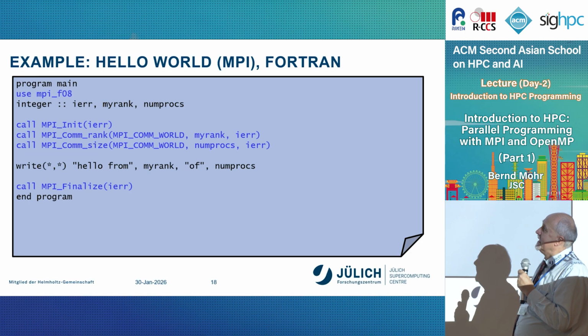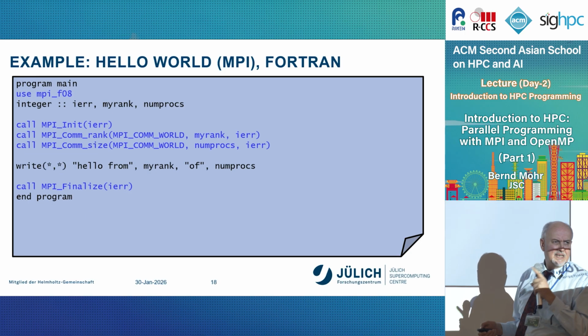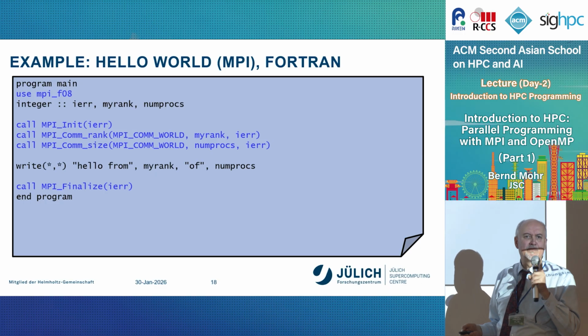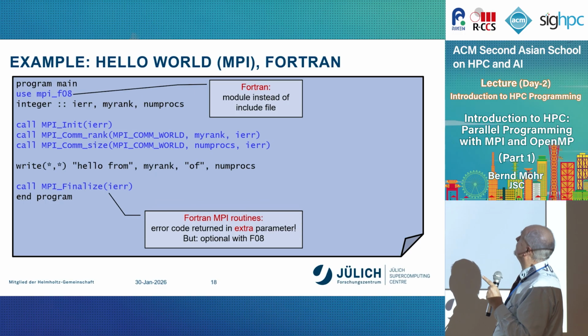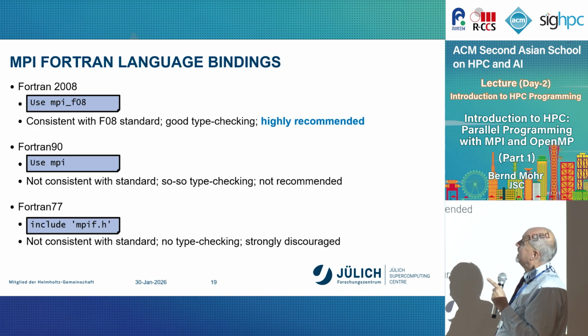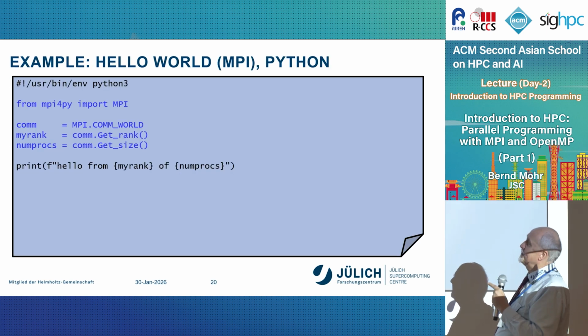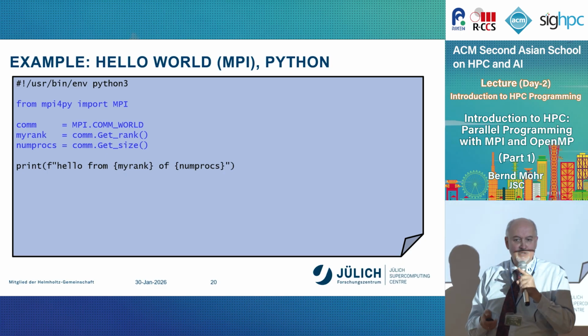This is the same in Fortran, but there are basically no Fortran people here, so I skip the Fortran. And here's the Python. Python is a little bit easier, as usual.